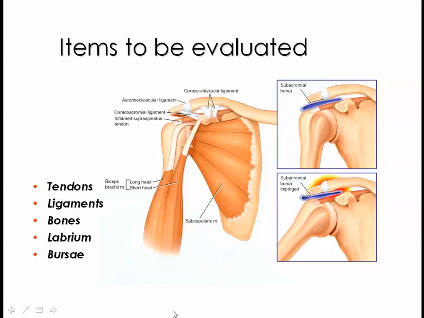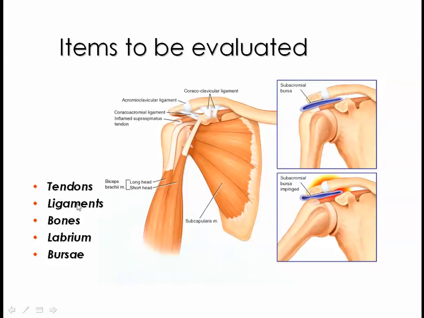Then we have in the shoulder joint these anatomic structures: the tendons, the ligaments, bones, labrum, and bursa. Considering the tendons, we have 4 that are important: the supraspinatus, infraspinatus, subscapularis, and biceps tendon.